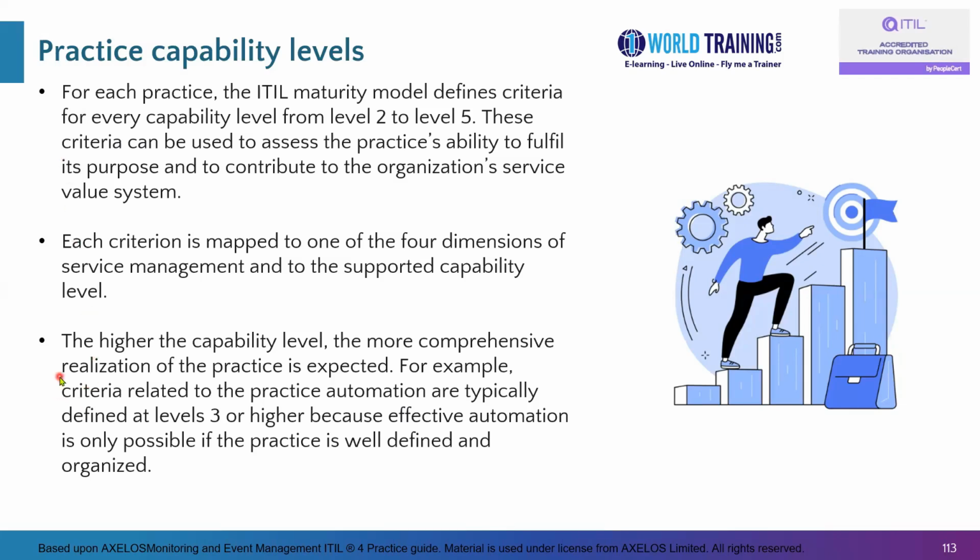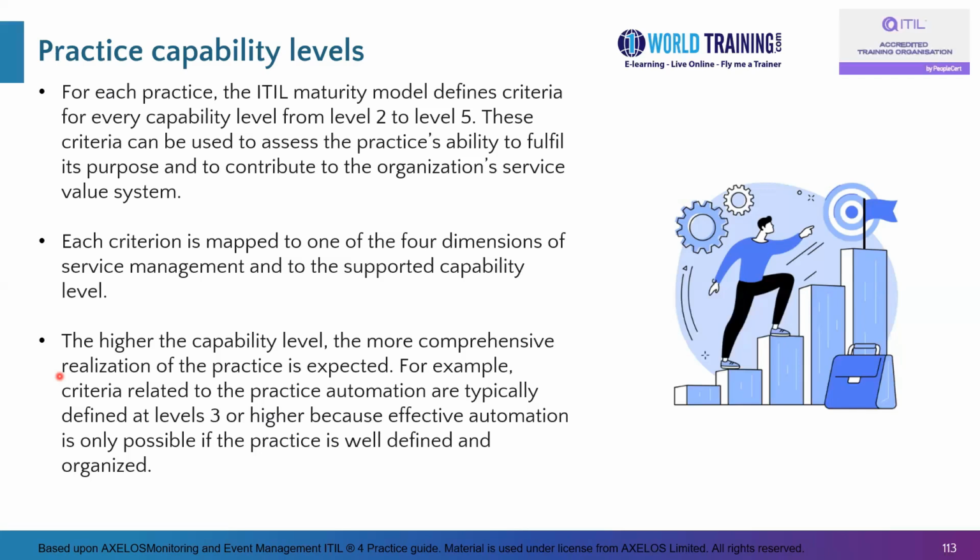And it is natural that if the capability level is ascertained to be higher, then the practice is working even better, more comprehensively. And also, automation typically happens at level 3 and above. Because at level 2, you now know that the processes and their activities are in place, are running, and the specialized resources are also available.